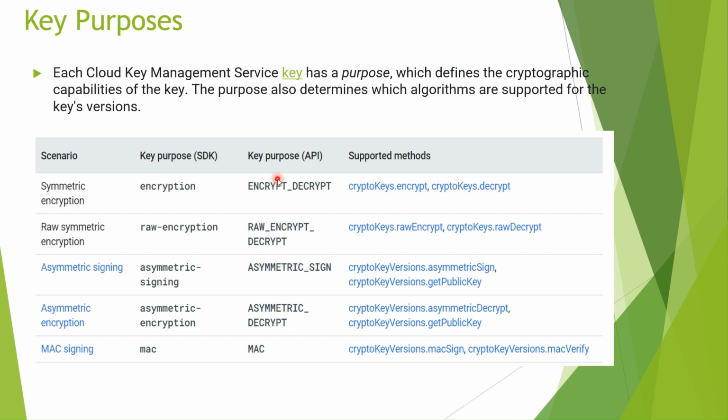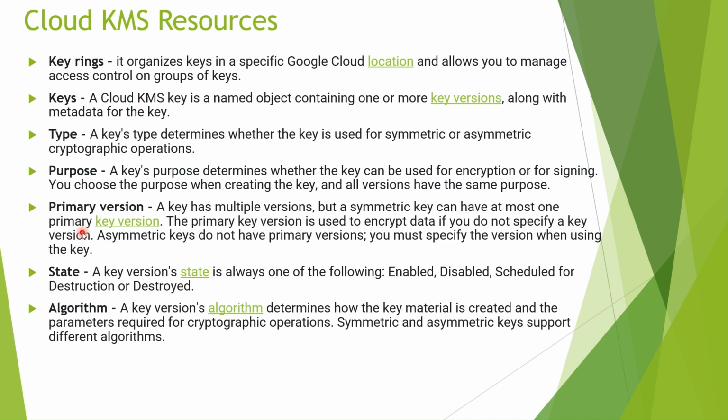These are the key purposes which can be used: encrypt, decrypt, raw, symmetric sign. Then the primary version. Whenever you create a symmetric key, we have a primary version, and if you rotate the key, the new version will become the primary version. We will see how it works. But in the asymmetric key, we don't have any primary version. Whenever you want to encrypt or decrypt, you have to specify which version you want to use.